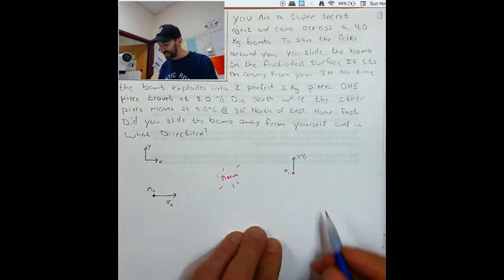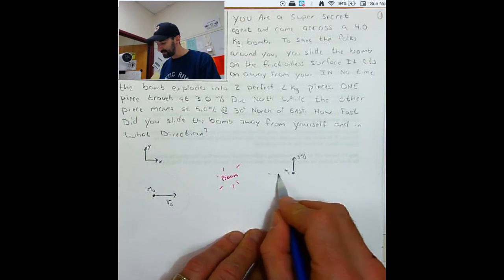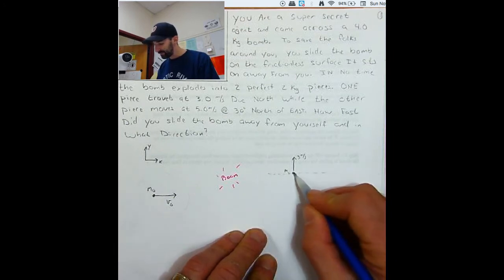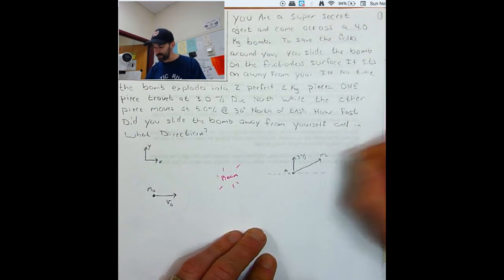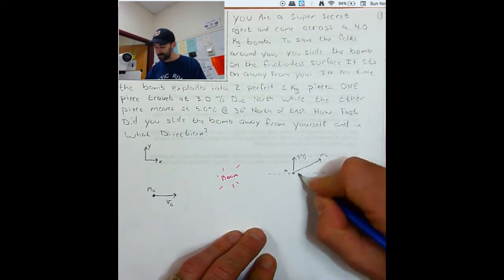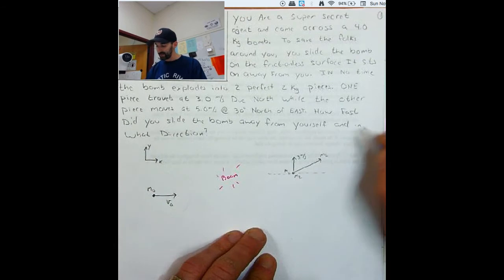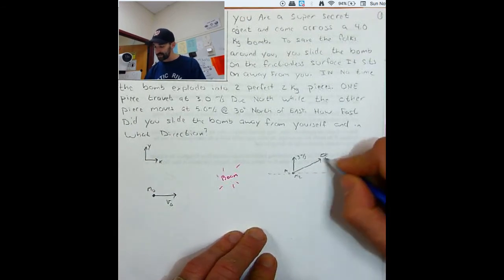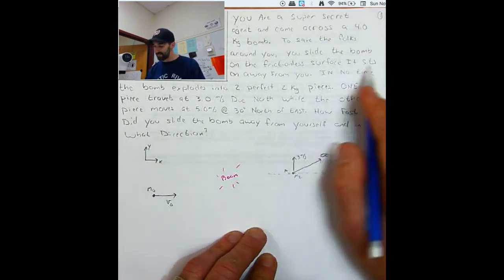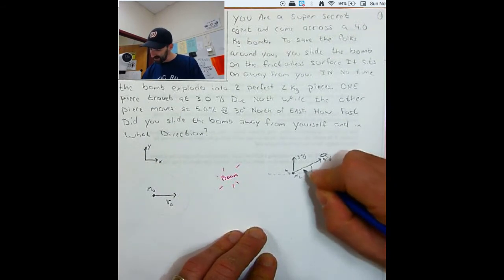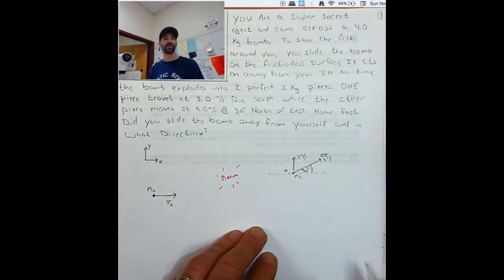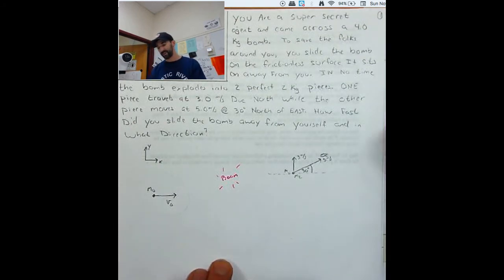And I have a second piece, I can call that M2, going, I guess M2 should be down there actually, and that is traveling at 5 meters per second at 30 degrees to the horizontal, or 30 degrees north of east, as I have written.